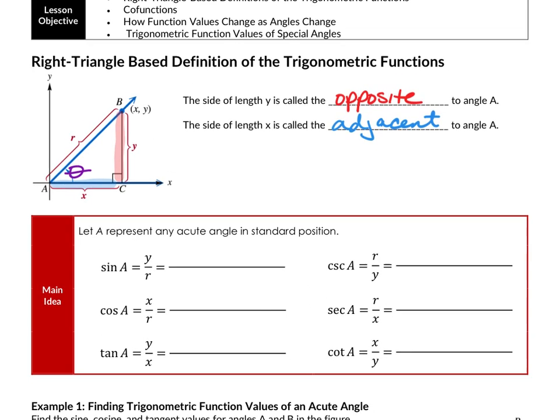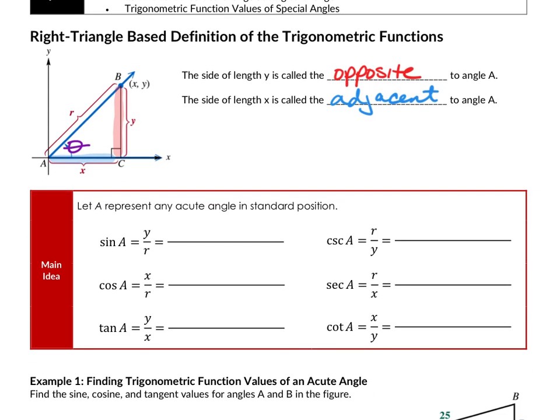So if we extend this out a little bit and refer back to the image here and the definitions we used in chapter 1 for these trig functions, we can rewrite these definitions in regards to a right triangle. So for sine of theta, this would be your opposite side over r, which in this case, if we're looking at a right triangle, r would be your hypotenuse.